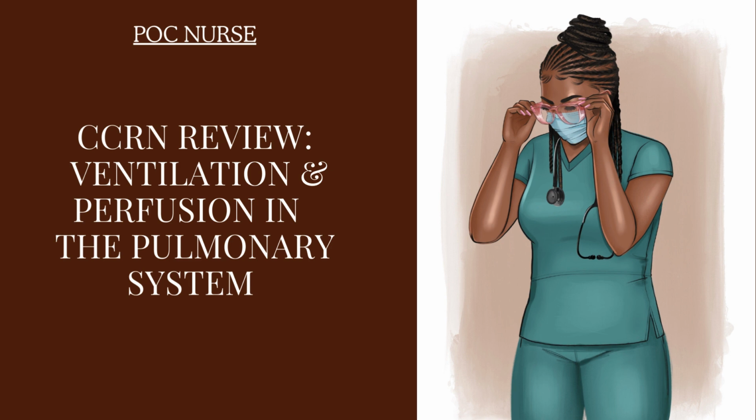The pressure in the lungs is lower than the pressure in the atmosphere, and we know when you have a pressure gradient, things will go from the place of higher pressure to the place of lower pressure. So because the pressure in the lungs is lower than the pressure in the atmosphere, air will rush from the atmosphere and into the lungs. So that's how inhalation occurs.